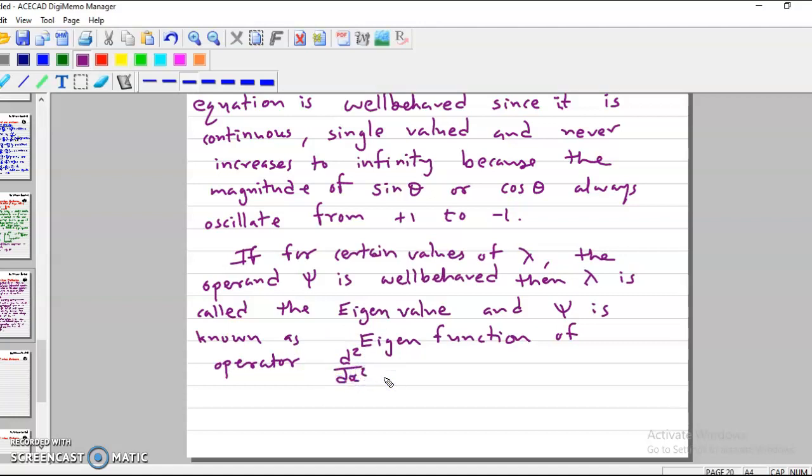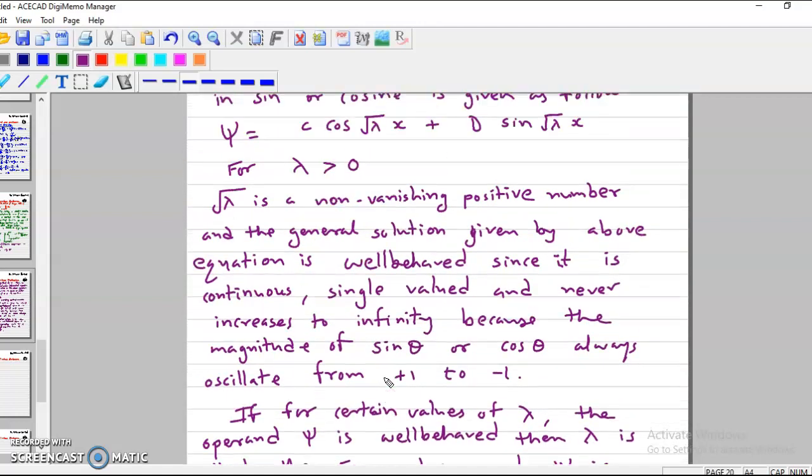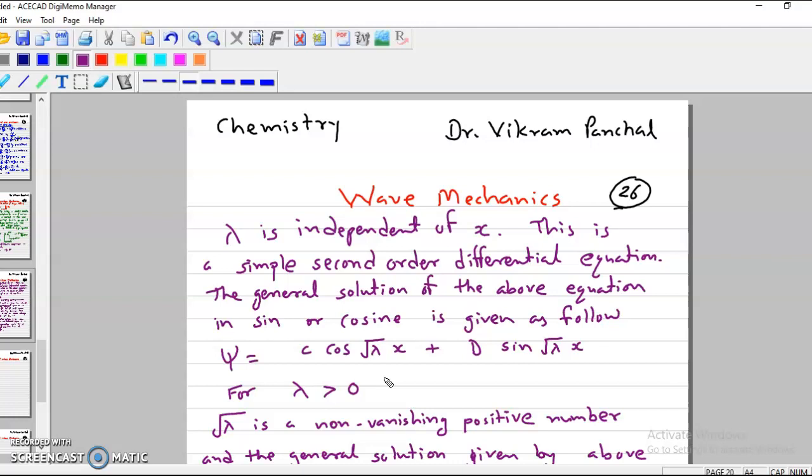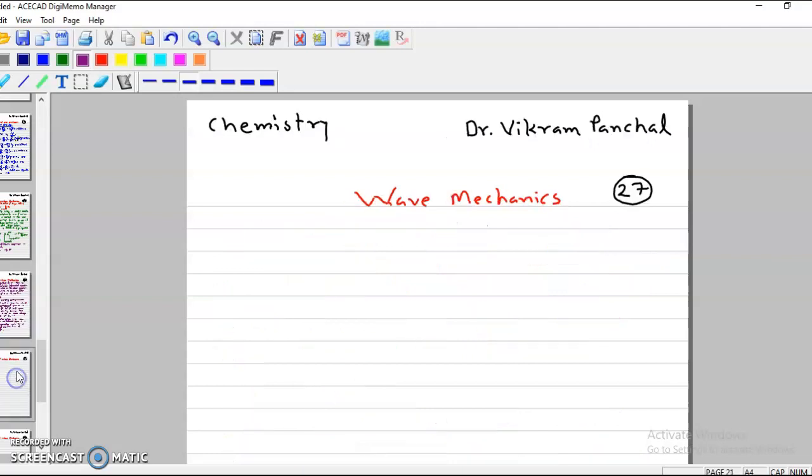Okay, so this is the interpretation of this eigenfunctions and eigenoperator, or we can apply this to Schrodinger's wave equation.